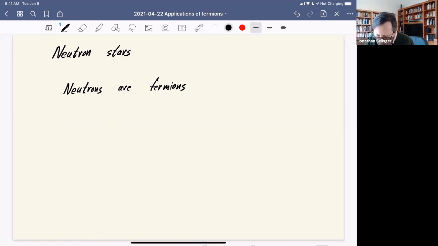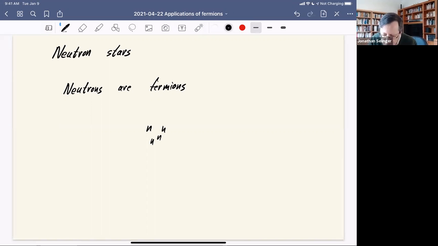Where can you put them? Can you put them all on top of each other? So here's neutron, neutron, neutron. Can they overlap each other? No, because the Pauli exclusion principle prevents them from being right on top of each other, okay?